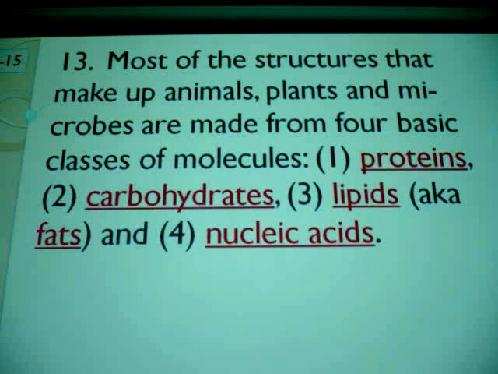I wish I said proteins. Because the 4 major things you better eat are proteins, which are made of amino acids, and carbohydrates, which are made of monosaccharides, and lipids, which are made of glycerol and fatty acids, and nucleic acids, which are made of nucleotides.